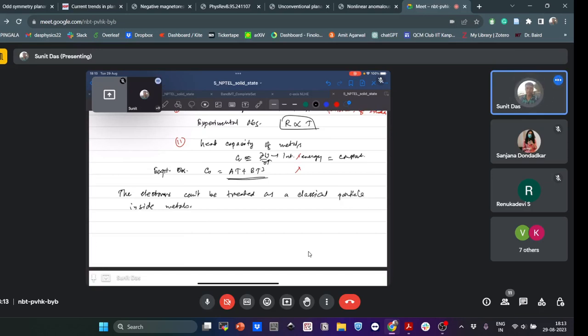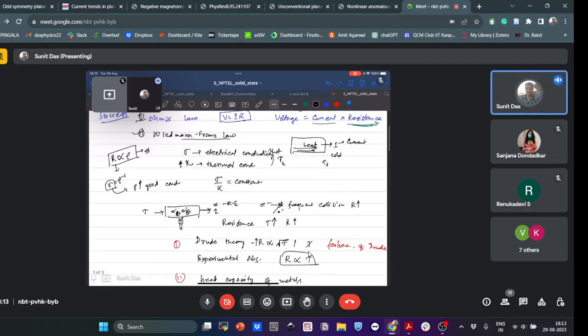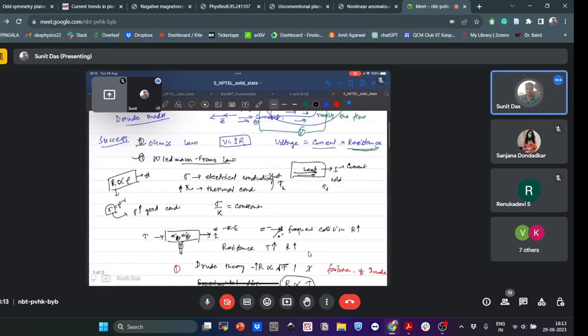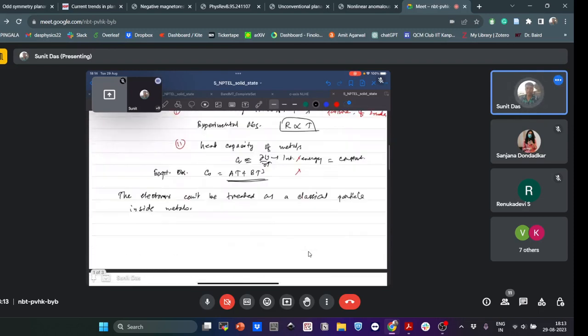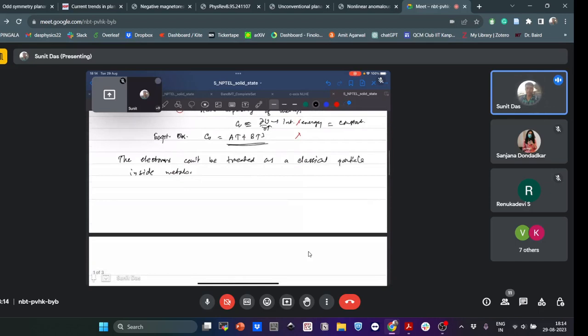Of course, in a few things they behave as classical particles, not purely classical but somewhat classical. That's why Ohm's law is still sort of okay. Wiedemann's law is also okay, but there are exceptions. But that's a different, more involved thing. So the point is this: electrons cannot be treated as purely classical particles.